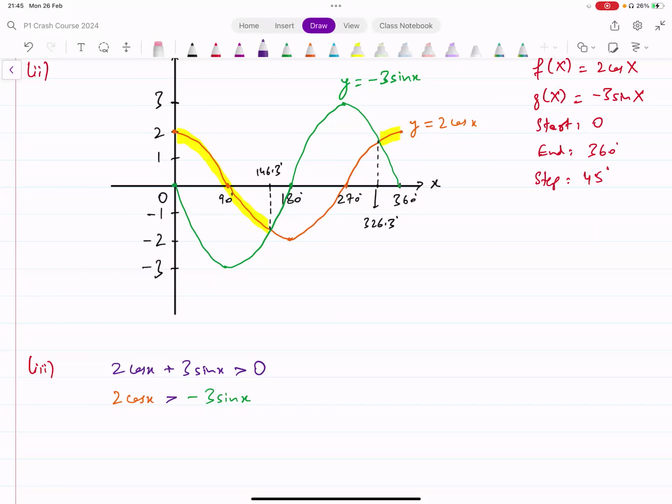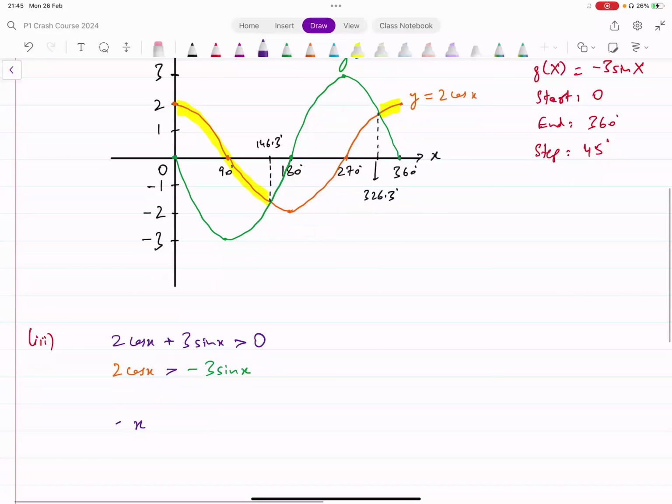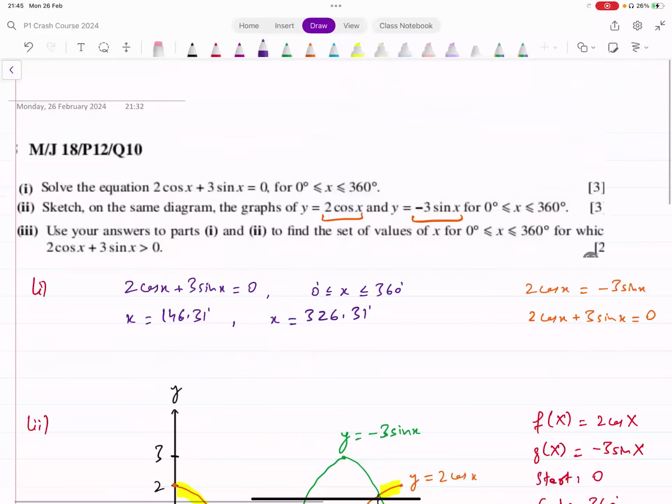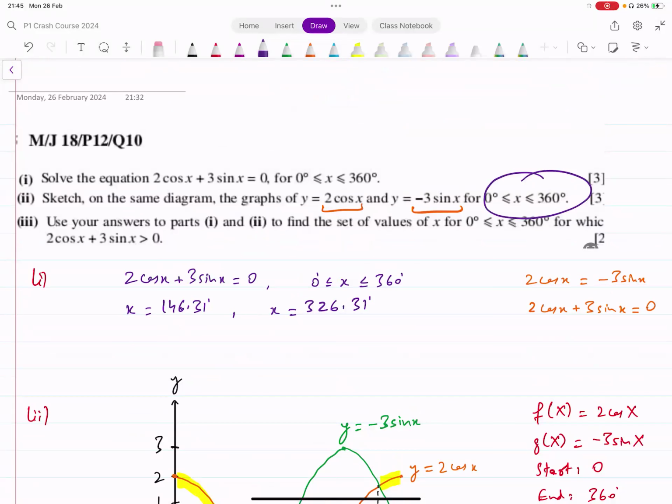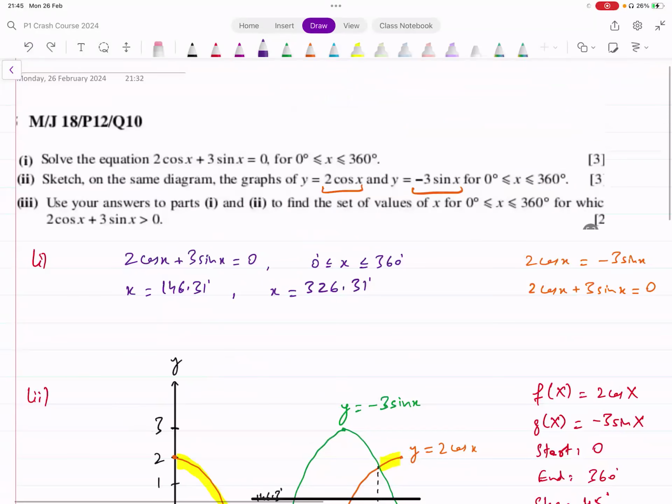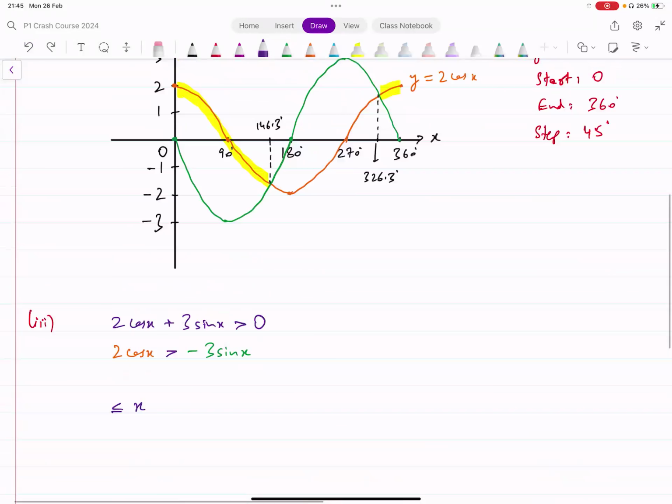So you would say the solutions to this inequality would be x between, remember the interval is from 0 to 360. You can't go beyond that interval. So you'll say the first interval is from 0 to 146.3 degrees. 146.3 is not included because we don't have an equal to sign here. At 146.3, they are equal.